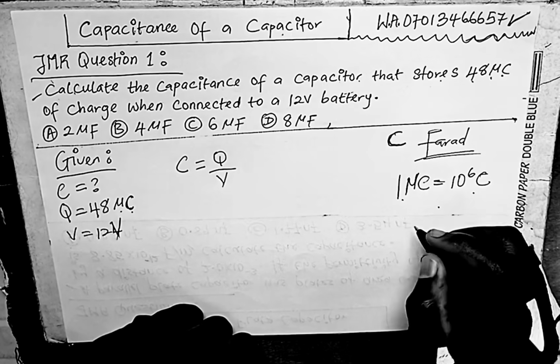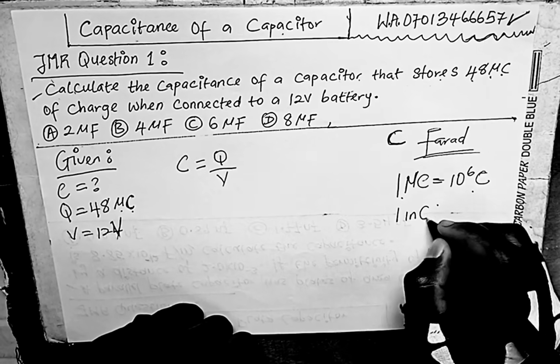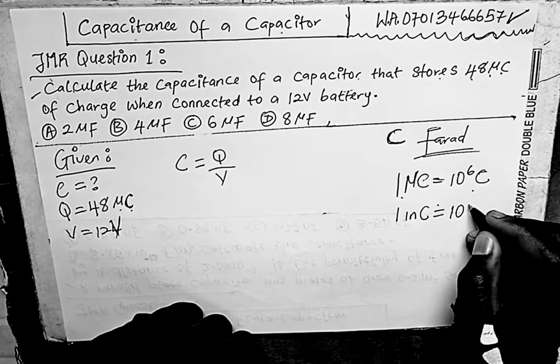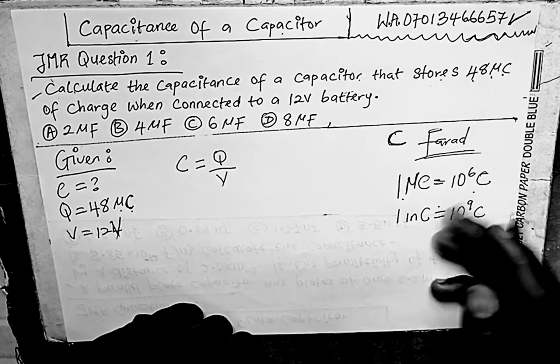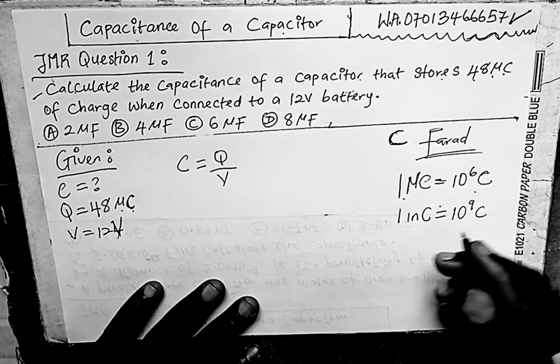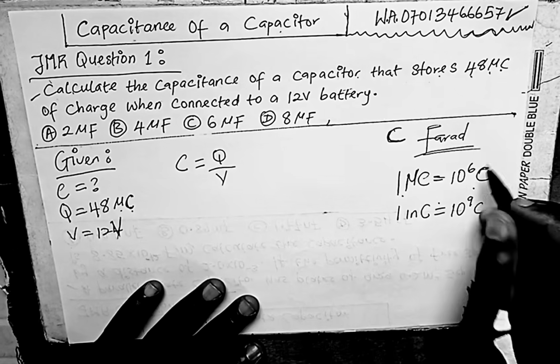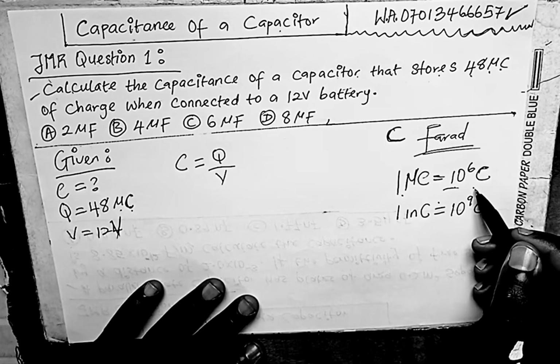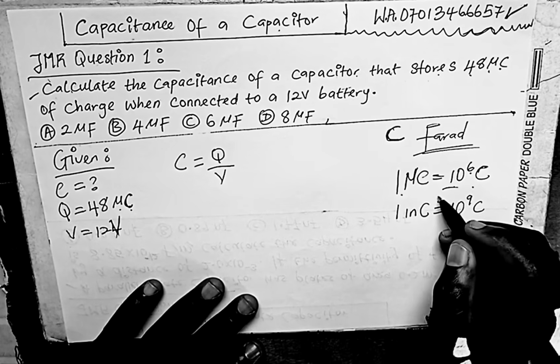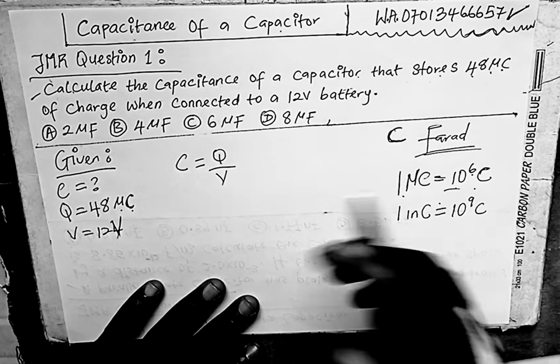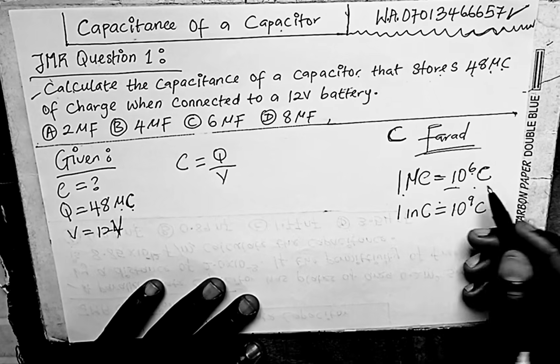One nanocoulomb is equivalent to 10 raised to power 9 coulomb, I think so. So you need to know all these conversions. To convert nanocoulomb to coulomb, you apply times 10 raised to power 6, or you times it by 1 million, because 10 raised to power 6 is 1 million.